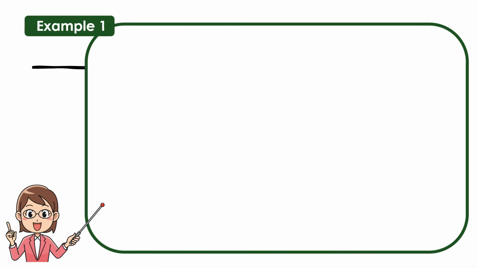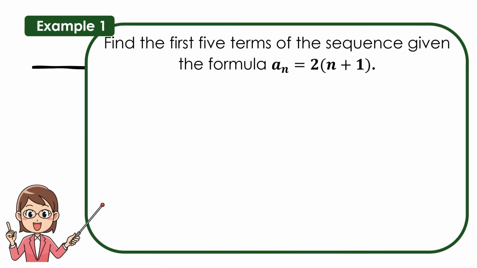Example 1. Find the first 5 terms of the sequence given the formula a sub n is equal to 2 times the quantity n plus 1.